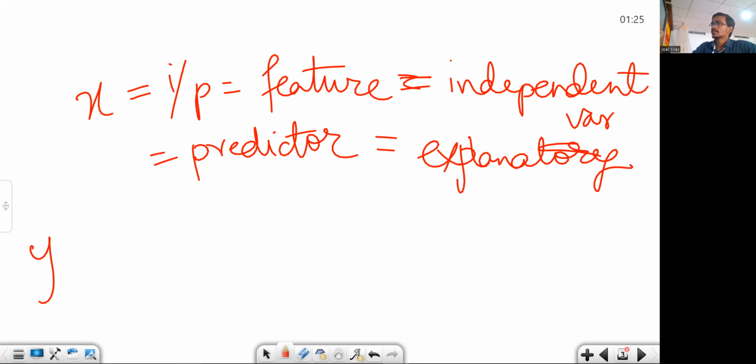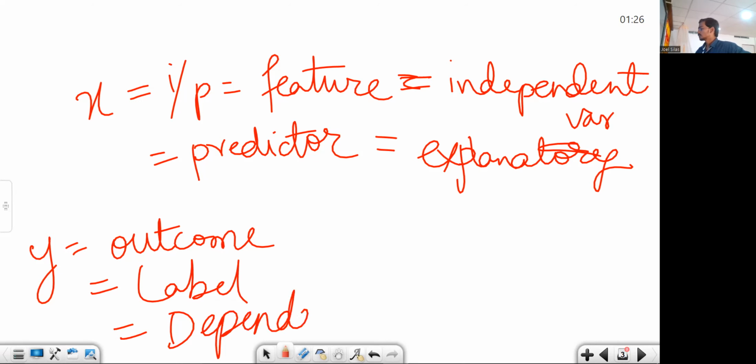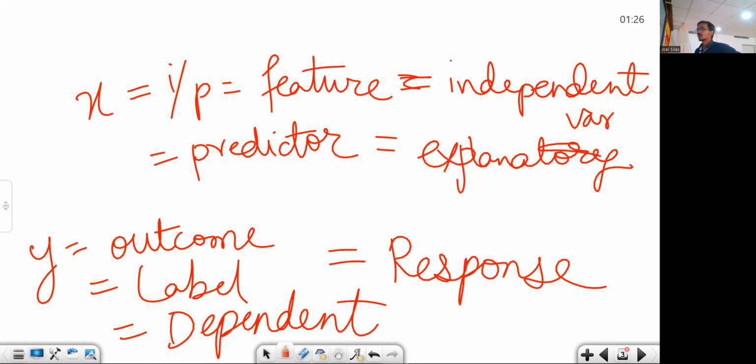Similarly, y is called as outcome variable, or you can call it as label, or you can call it as the dependent variable, or you can call it as the response. Okay.